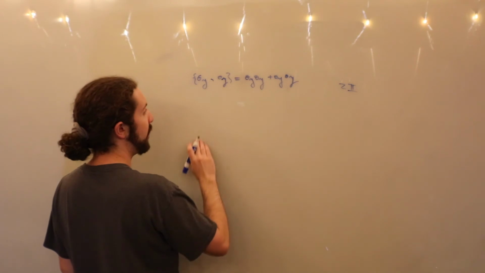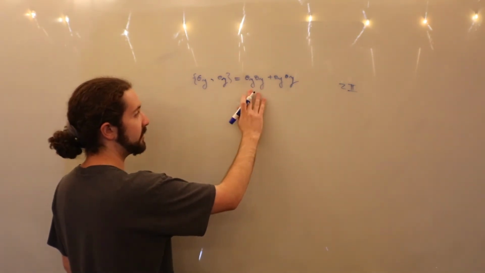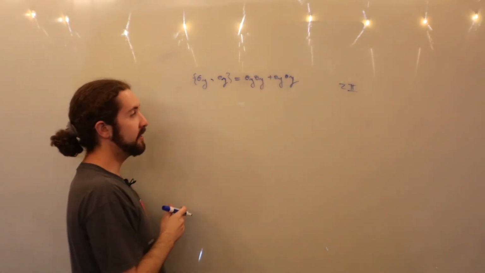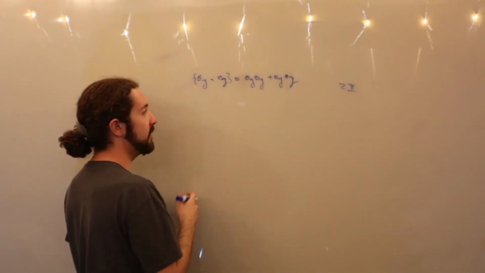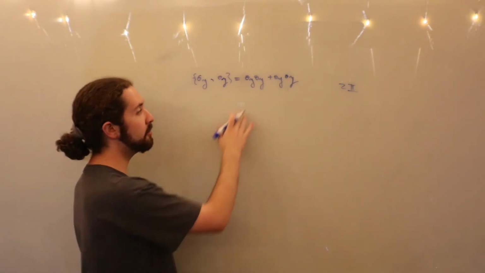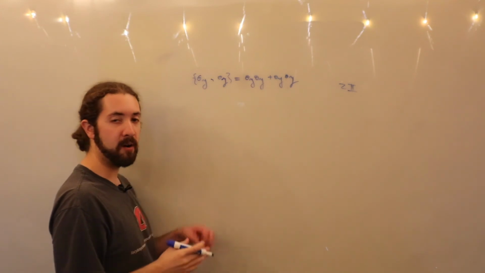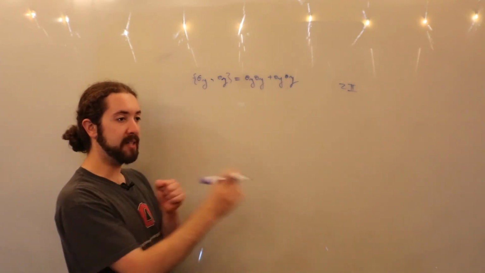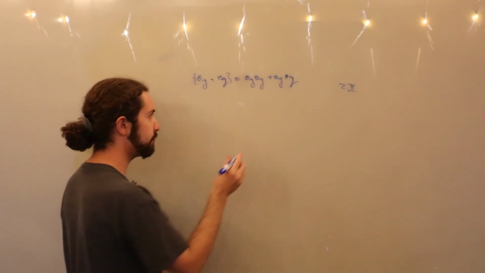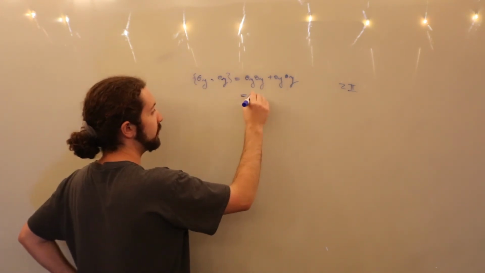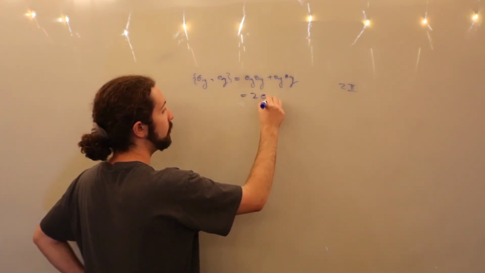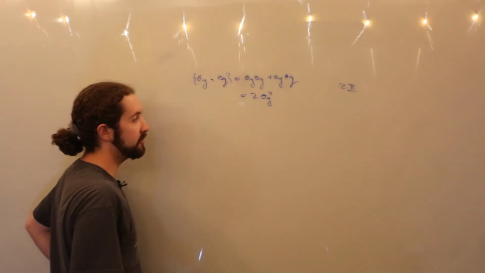Well, bracketed with itself, it's going to look like this, and clearly you can see from this that operators, and matrices in general, do commute with themselves, right? Because it doesn't matter what order you multiply it by itself in, it's going to be the same either way. So this is just going to be equal to 2 times sigma y squared.